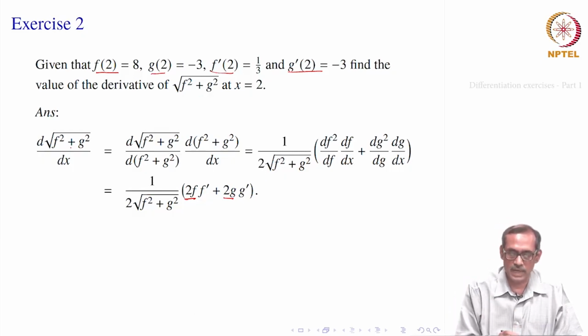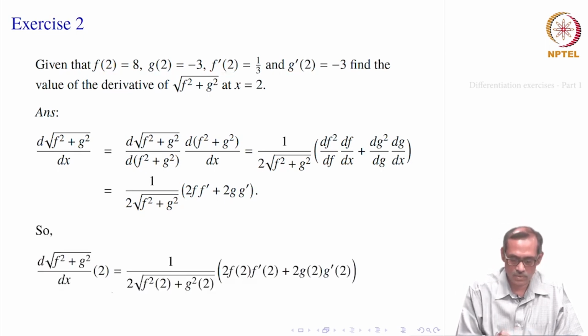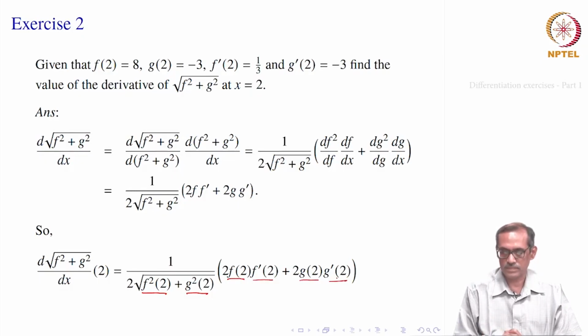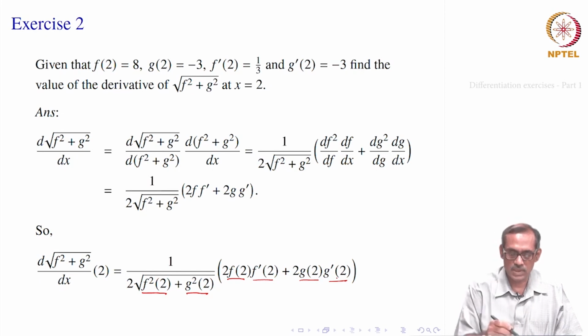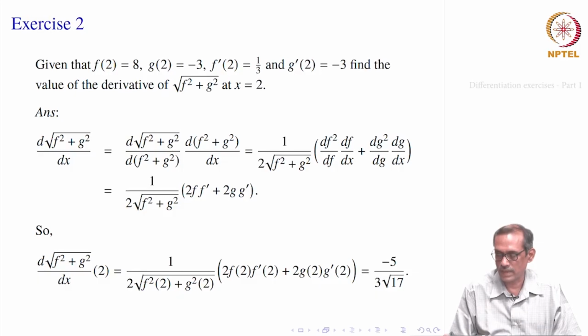So, we evaluate both sides at 2, then we would get the answer at 2 equal to 1 divided by 2 square root of f square evaluated at 2 plus g square evaluated at 2, and everything like 2 f2, f prime 2, plus 2 g2, g prime 2. Then we substitute the values and simplify to get the answer, and that should come out to be minus 5 divided by 3 square root of 710. You should verify this.